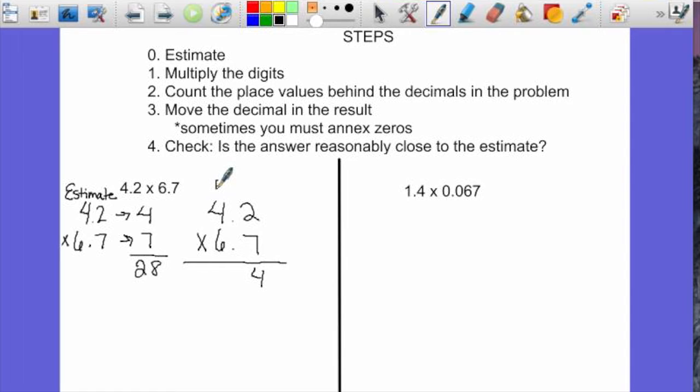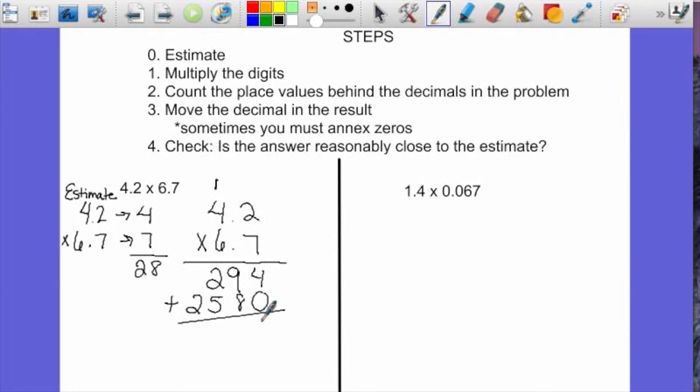Plus 1 is 29. Then we have place value holder. Annex that 0. Now we'll do the 6's. 6 times 2 is 18. Carry that 1 and use the same 1. 6 times 4 is 24. Plus 1 is 25.